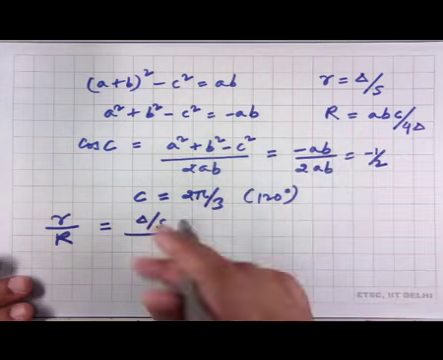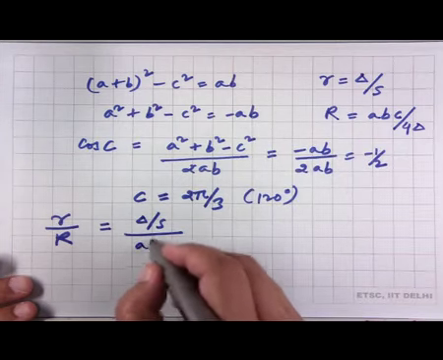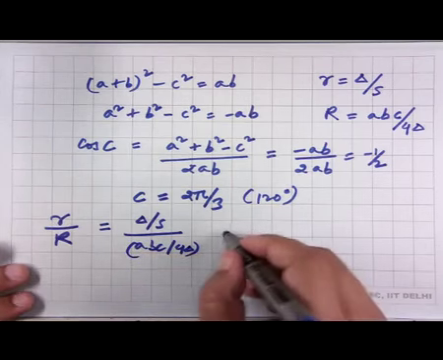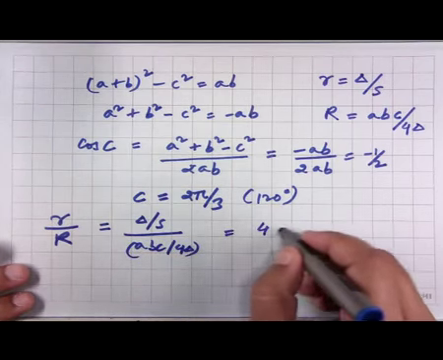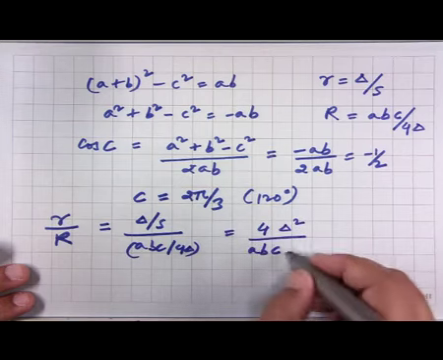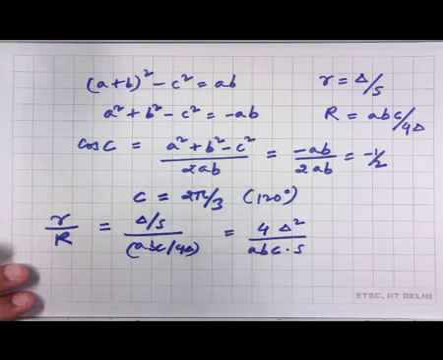So, if we use these formulas here, the ratio is equal to 4 times delta square over ABC times S.